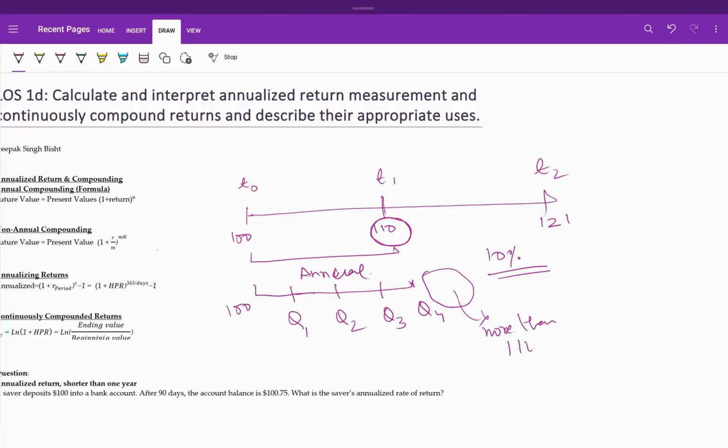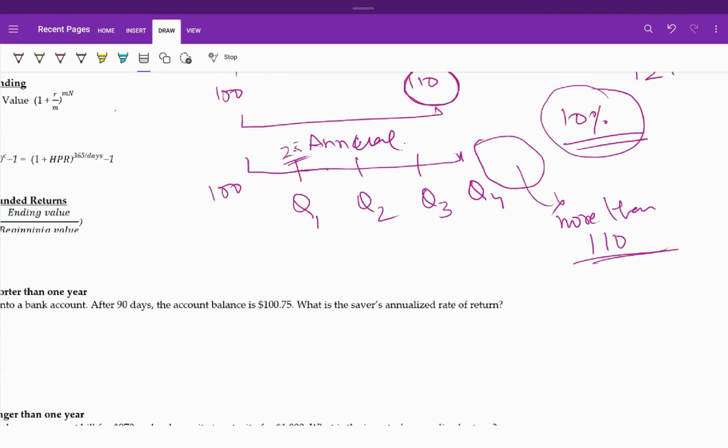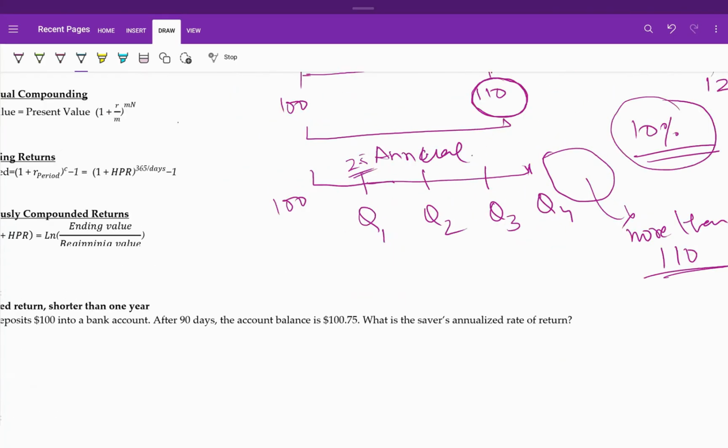And how? If I invest, I'm going to break this 10% into 2.5% quarterly. So at the end of quarter 1, I will be receiving 100 into, I do not have much space here. Let me try to make it a little clearer.